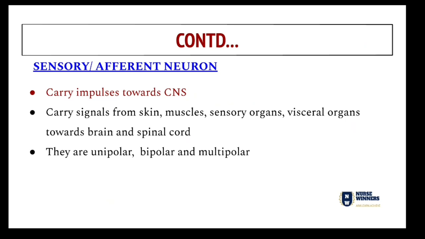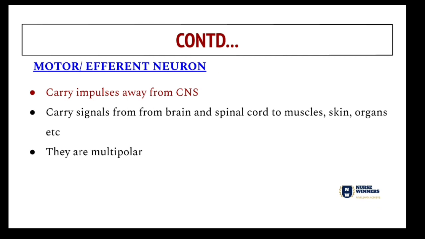For example, from the skin, muscles or different organs, it carries impulses towards the brain and spinal cord. That is why it is called as afferent neuron. And basically these sensory neurons are either unipolar or bipolar as well as multipolar in nature.